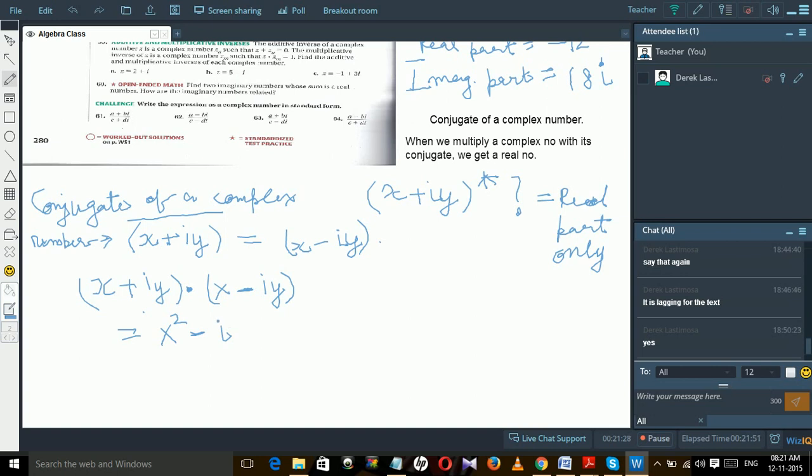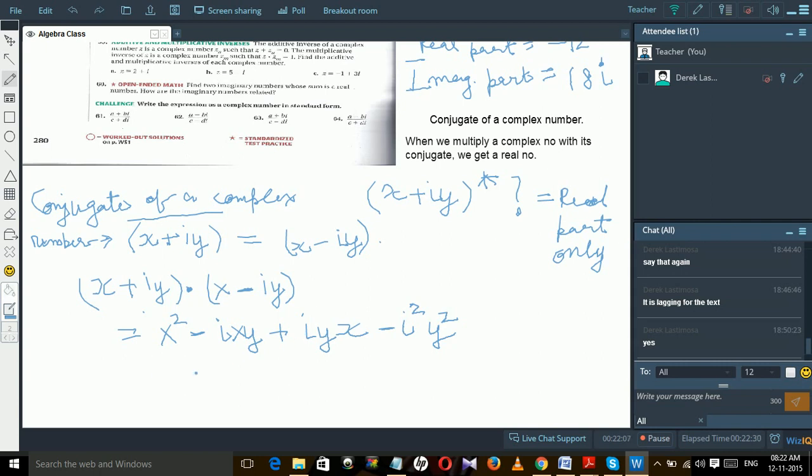So that will give us x square minus iota xy plus iota yx, and this is again the trickier part. You'll get minus iota square y square, we will evaluate it.